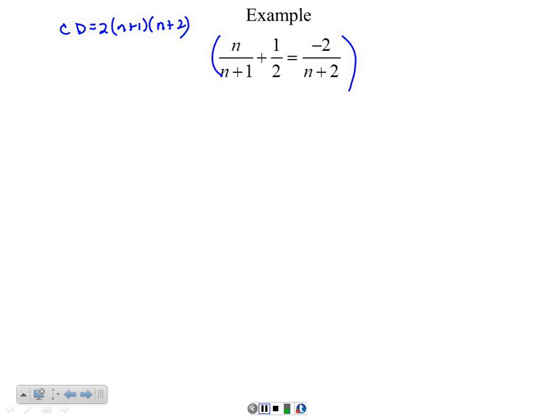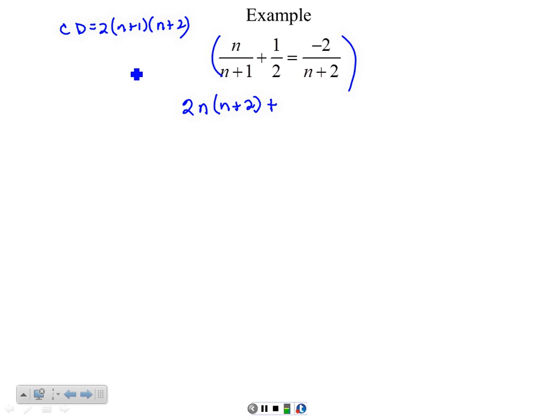So when I do that, with the first fraction, the n plus 1s are going to cancel out. So I'll have 2 times n plus 2. And I like writing it this way. I like having my monomial out front, so I'm going to have 2 times n plus 2.